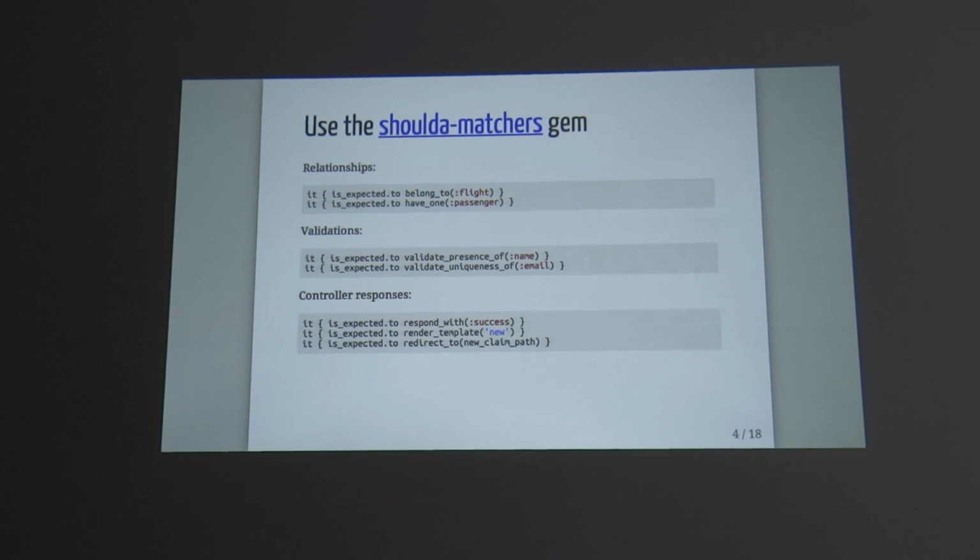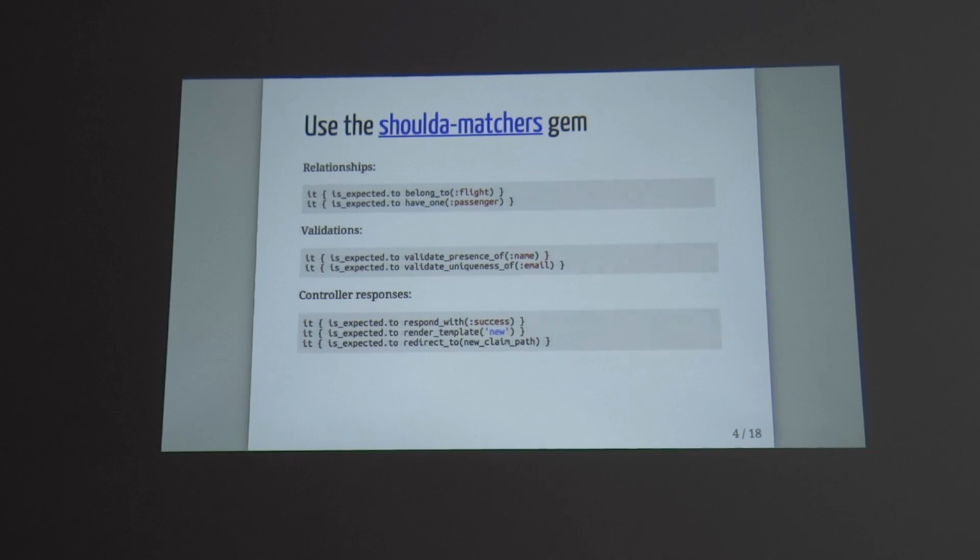This not only tests that this model has a belongs to flight method inside it, but it also tests that there's a database column with basically flight ID as the name, and that it's an integer, so that it's all related, right? So if you wanted to test all of that, you would have to write a couple of specs, and using this gem basically makes it more concise, easier to write, I think.